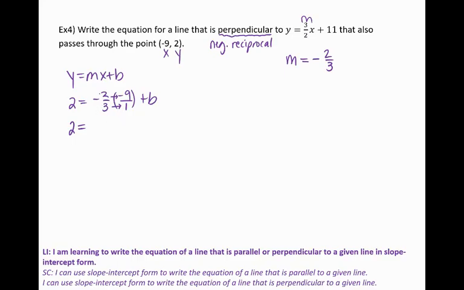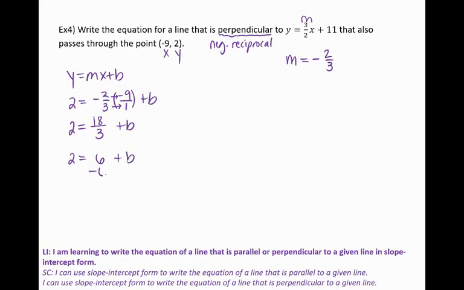Straight across. Here, when we're multiplying with the negatives, make sure you only use the negative either with the top number or with the bottom. So this negative 2/3, I'm going to use the negative with the top number. So -2 times -9 is a positive 18. 3 times 1 is 3, and then I have plus b. 18 divided by 3 gives me 6 plus b.